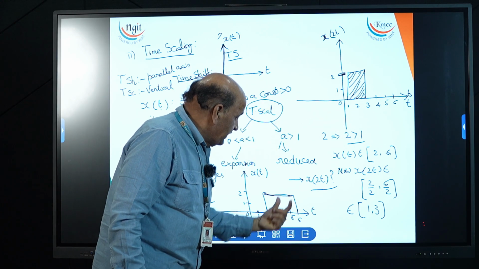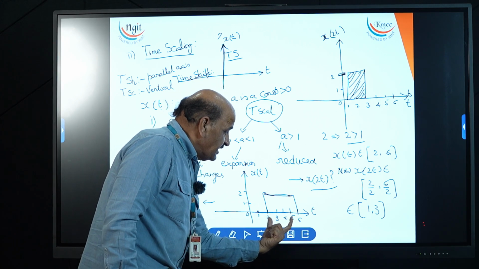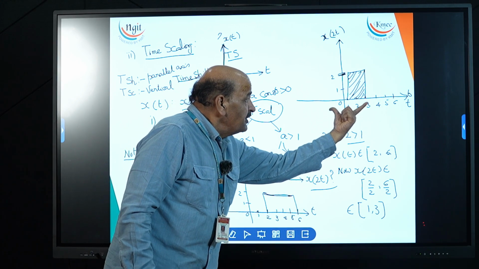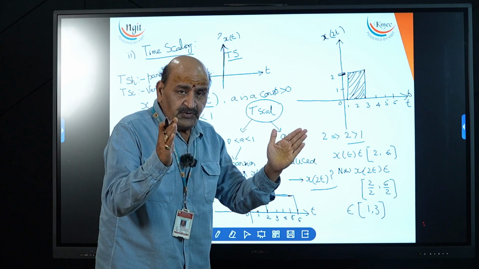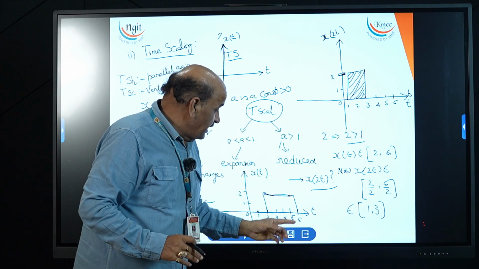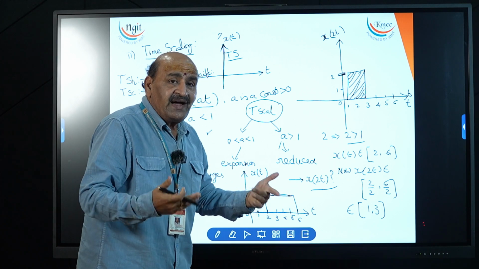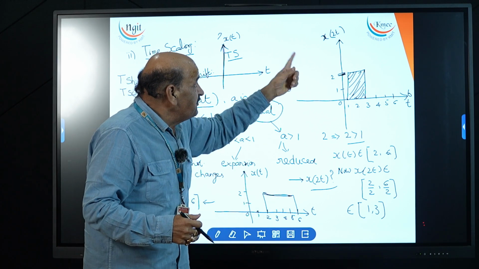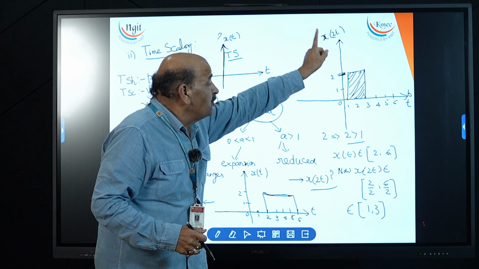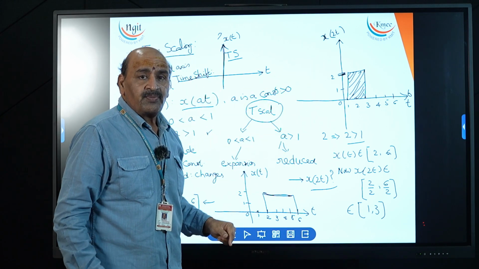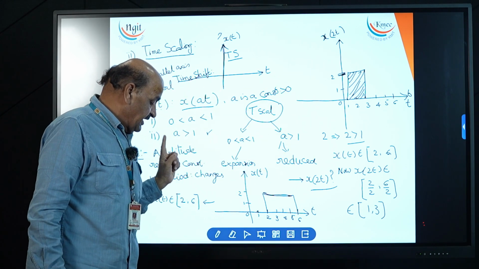Now just look at, here from 2 to 6, the width is 2 to 6. Now here the width is 1 to 3. 2 to 6 comes to 1 to 3. That means the signal size is reduced. It is because the factor is 2. 2 is greater than 1.